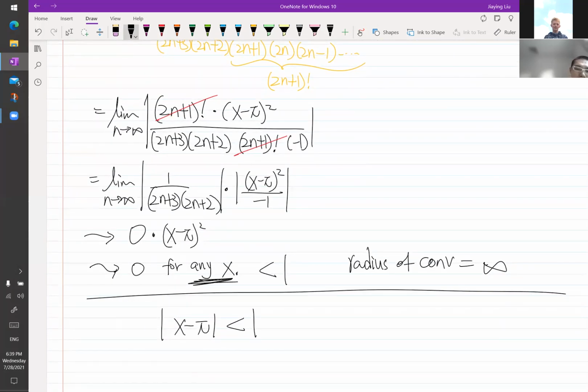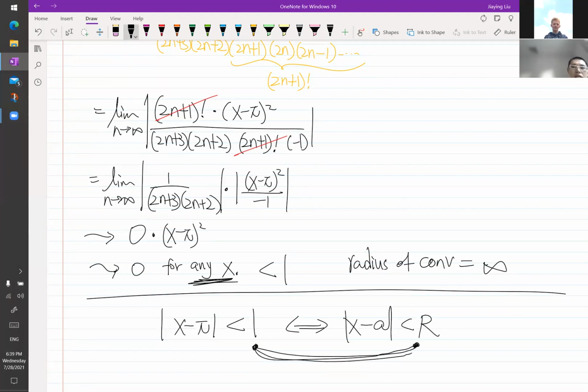This expression is in the form of |x minus a| less than R. So it's |x minus pi| less than 1, which means the 1 there corresponds to the radius of convergence. That's the radius of convergence if you end up with |x minus pi| at the end.